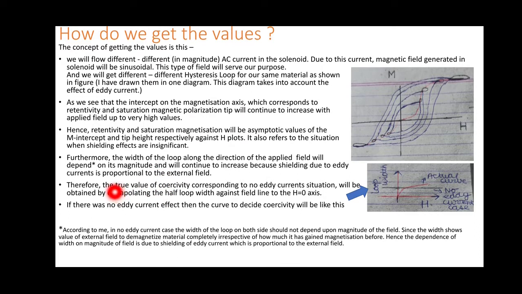Therefore, the true value of coercivity corresponding to the no eddy current situation will be obtained by extrapolating the half loop width line to the H equals 0 axis. If there were no eddy current effect, then the curve to decide coercivity will be like this, because coercivity does not depend upon how much field we have applied.